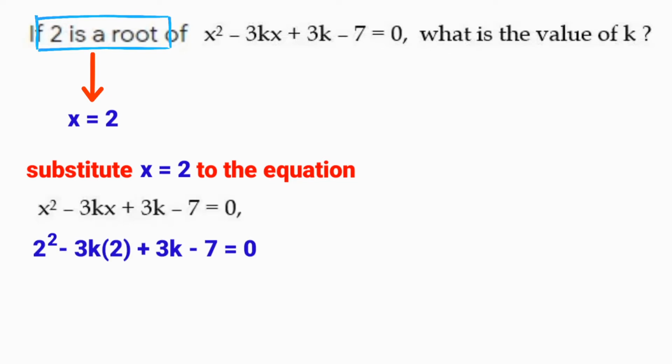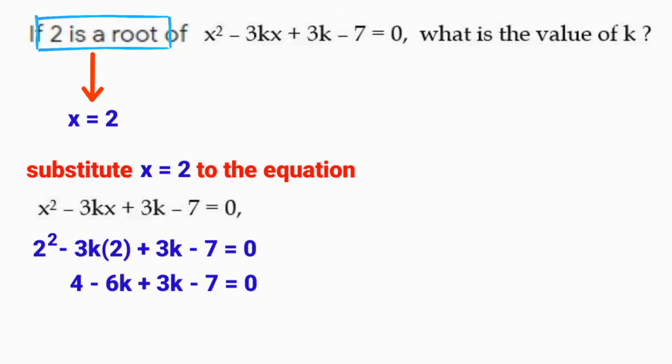This will become 2 squared minus 3k times the quantity 2 plus 3k minus 7 is equal to 0. 2 squared will be equal to 4. Negative 3k times the quantity 2 will be negative 6k plus 3k minus 7 is equal to 0.